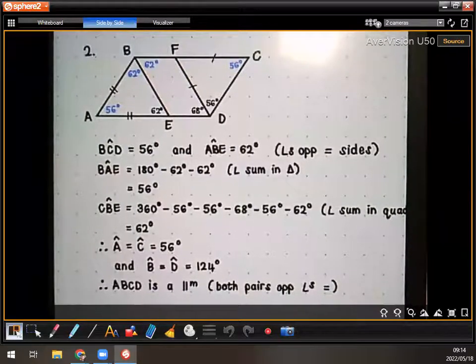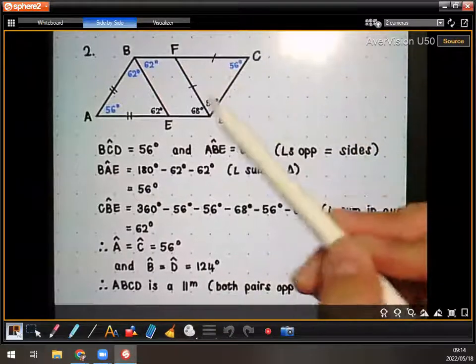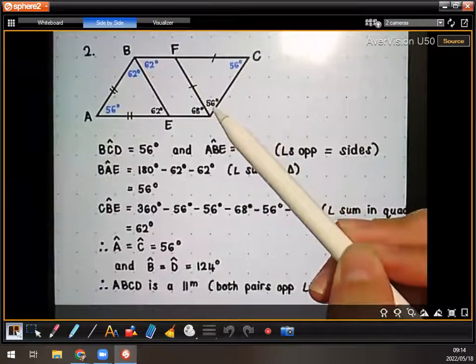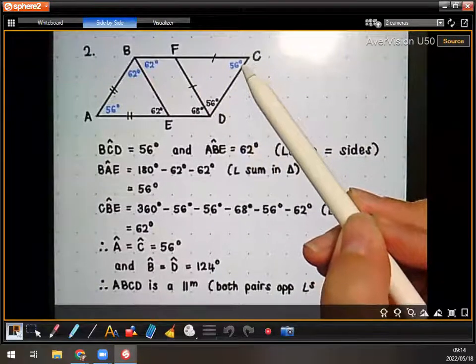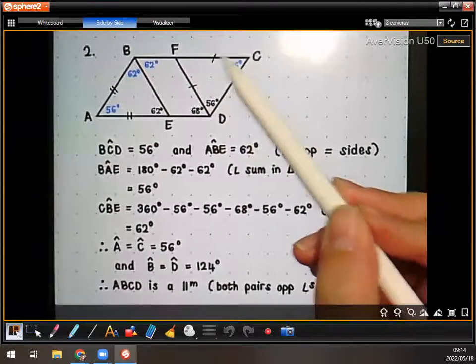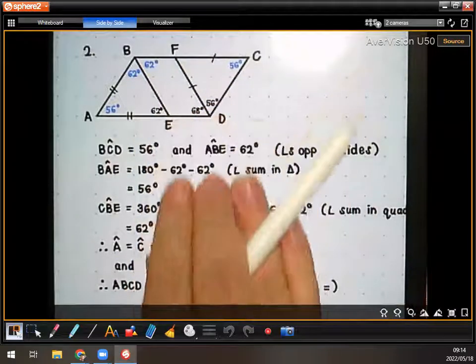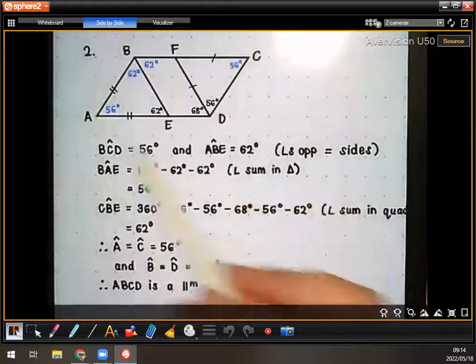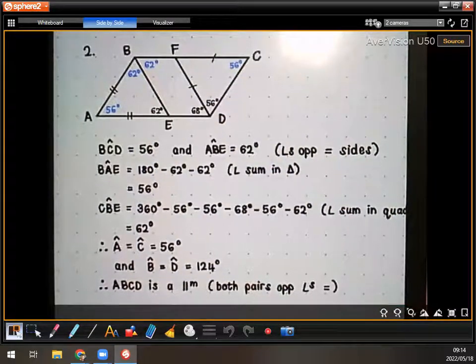But what I did is I tried to prove that both pairs of the opposite angles are equal. Because I saw that we have an isosceles triangle here, so if that is 56, that's also going to be 56. Right? So we find it out. Again, before I even started writing anything down, I filled in what I could fill in blue.